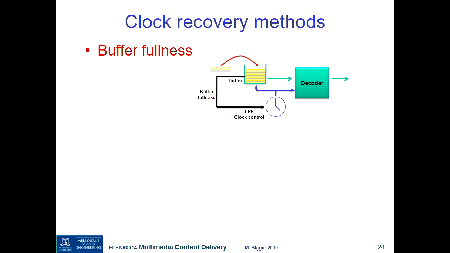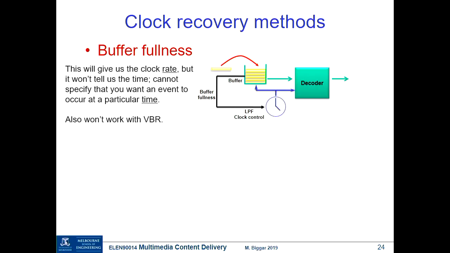So could we look at the buffer fullness of our de-jitter buffer, low pass filter that, and use that to control the clock? That could make sense, but while it'll control the rate, it won't tell us actually what the time is. We need to somehow initiate it.